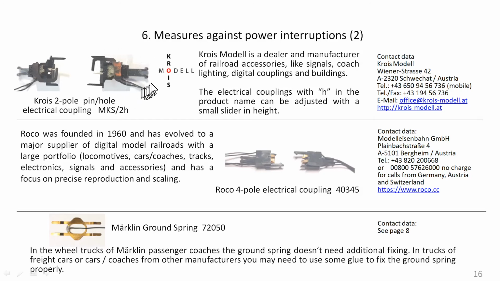If you have the locomotive of brand A and the coach of brand B, then this supplier may have another height above the track where this electrical coupling is connected mechanically to the locomotive. The coach may have another height above the track, so let's assume this is, let's say, 5 or 10 millimeters above the tracks, and this is 12, then they just do not fit to each other.